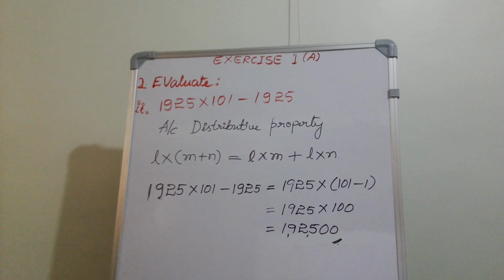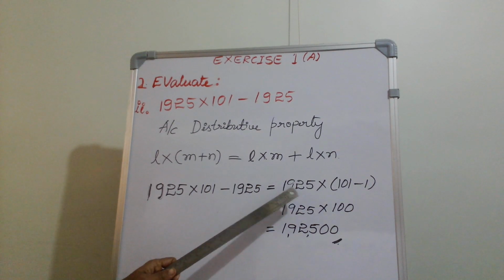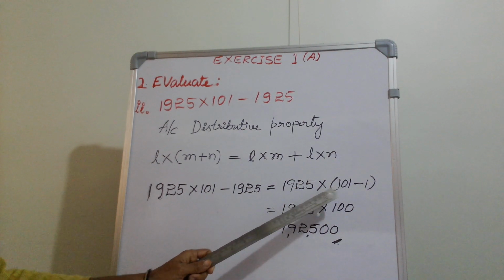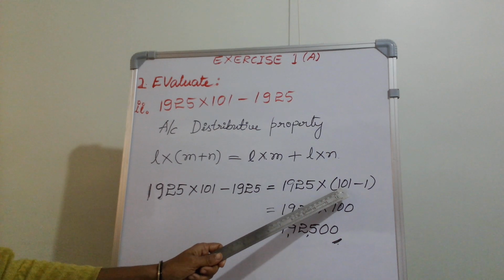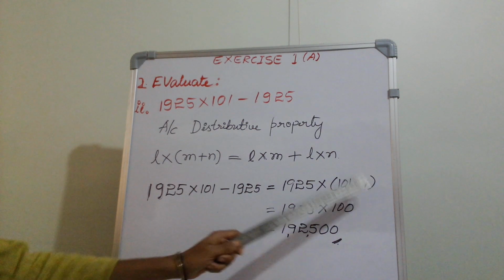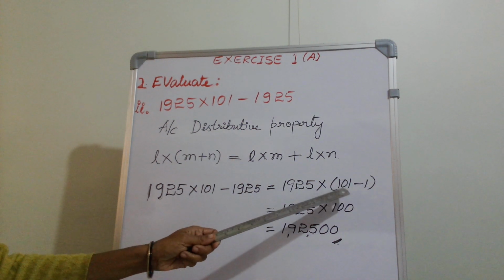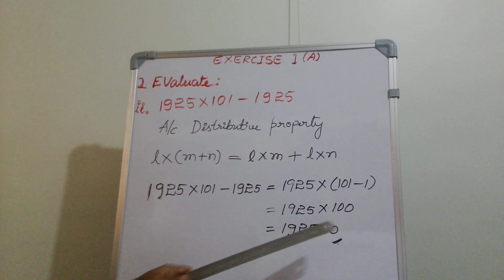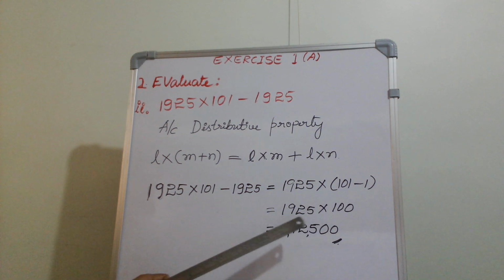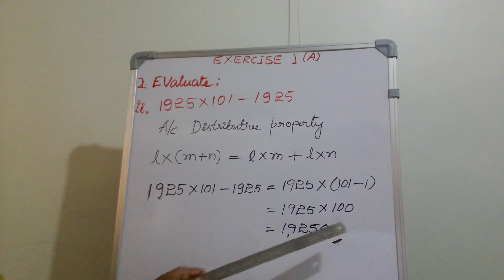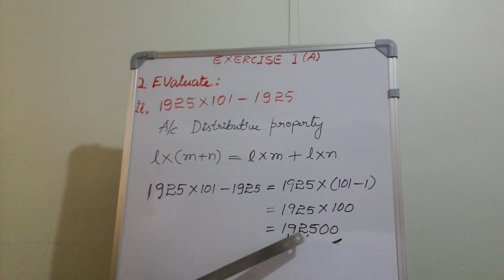So if you take 1925 as a common factor, we are going to get 101 minus 1. 101 minus 1 is 100. So if you multiply 1925 into 100, we get 1,92,500. Understand?